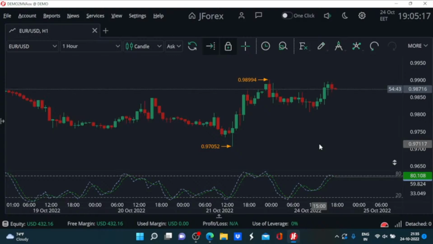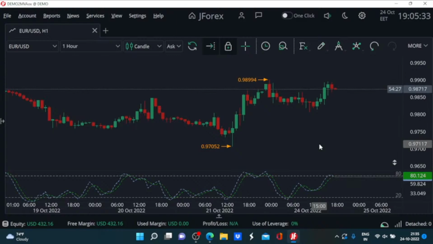Using that price action data, we get to see whether it is moving towards the high, towards the low, or simply straddling in between these two price ranges defined by the recent high and low.